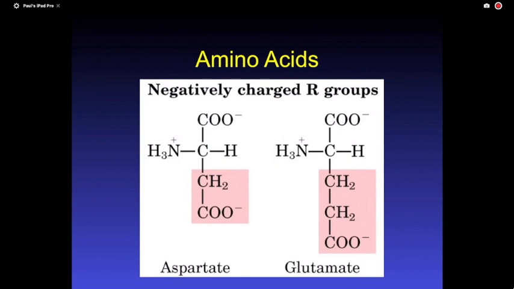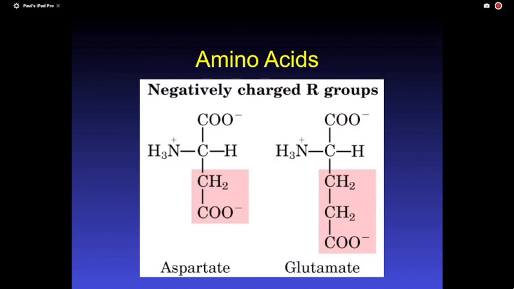Carboxylic acid in the deprotonated form. Is that the only way that you can find a carboxylic acid? No. It can be protonated, right? If it's protonated, what charge is it? Neutral. Right. But I classify this as negatively charged. The reason is this: the pKa of the side group and the pH of the solution.